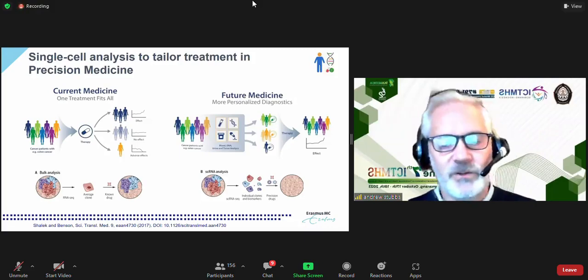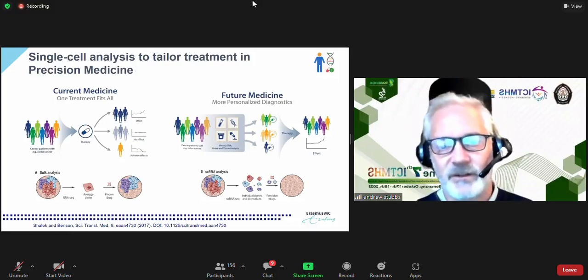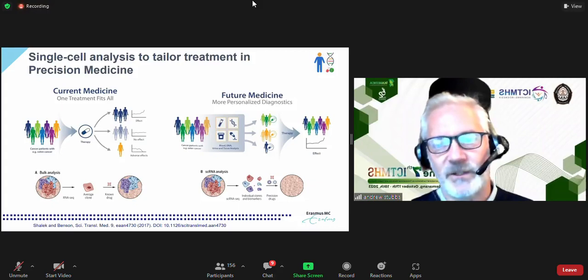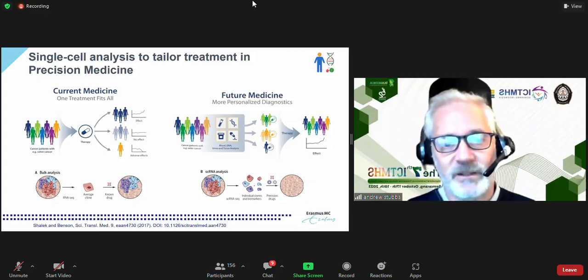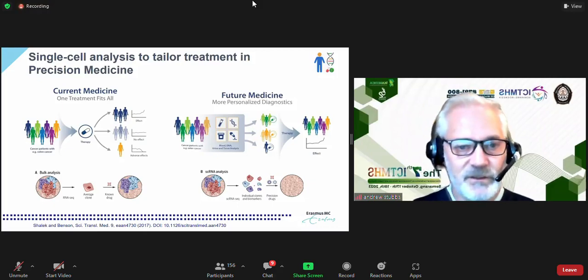If we go to the future prospects, which is the future medicine, more personalized diagnosis, we can use scRNA, single cell. So effectively, we actually monitor in those cells what's there. We can get the direct proportion, and then we can target drugs to those cell types and hopefully improve the patient survival and reduce the toxicity to those individuals.